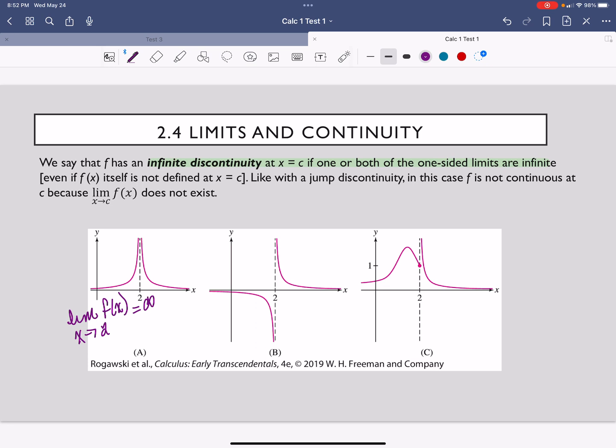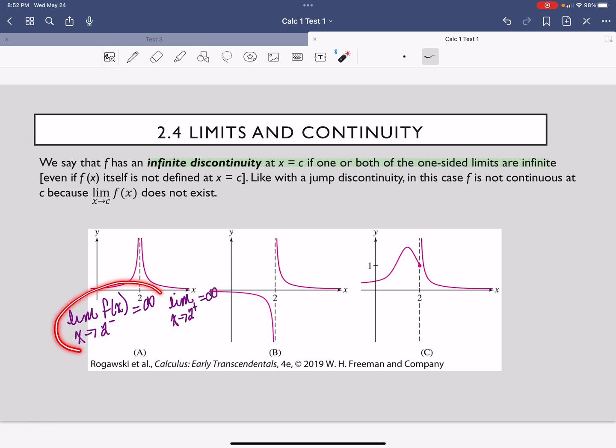Let's talk about it from the left. If we're approaching 2 from the left, we are approaching positive infinity. If we are approaching 2 from the right, the limit as x approaches 2 from the right is also infinity.